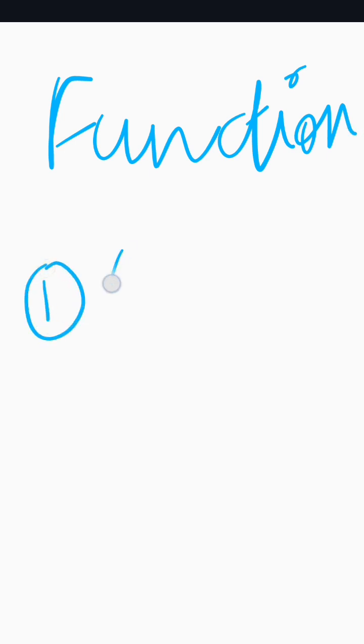Now coming to the functions of PPS. As I already told you, first thing first is retention.